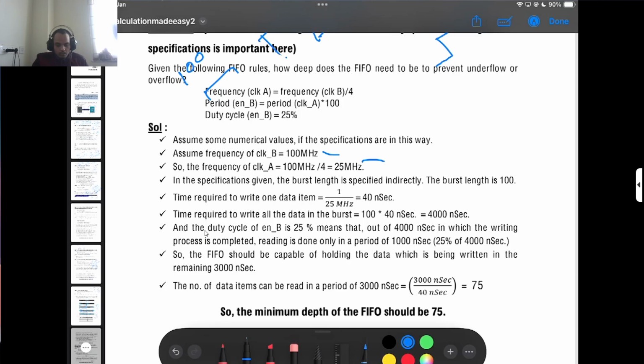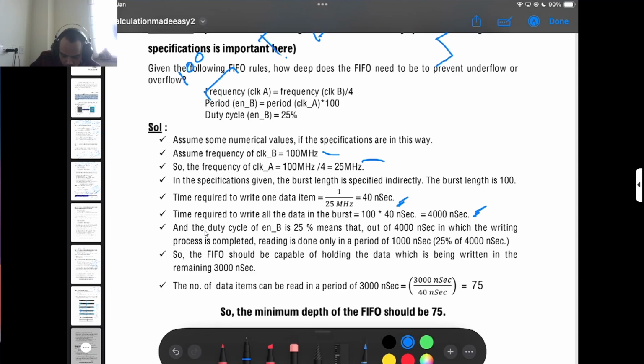The burst length is 100. So the time required to write one data item is 1 by 100, which requires 40 nanosecond, and the time required to write all the burst data is 4,000 nanosecond. But the duty cycle of enable B is 25%.